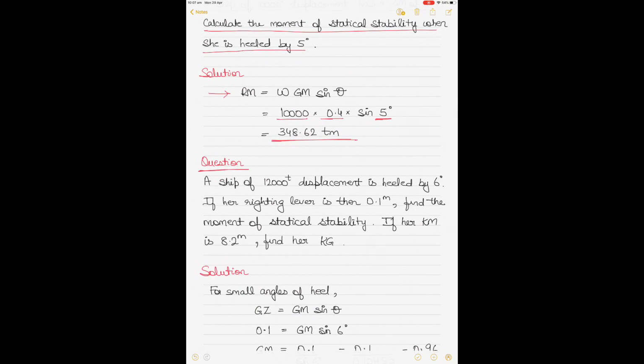The second question says that a ship of 12,000 tons displacement is heeled by 6 degrees. Her righting lever, not righting moment, but her righting lever, which is GZ, is then 0.1 meter. Find the moment of statical stability, which is her righting moment, if her KM is 8.2 meters. Also find her KG.